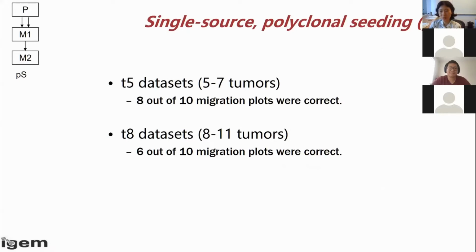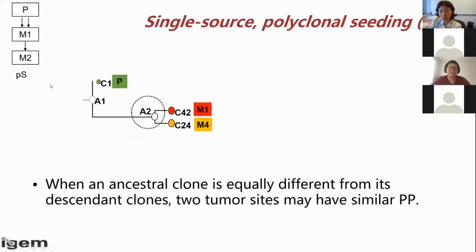Similarly, Pathfinder performed very well for the dataset with this seeding type. Again, we examine datasets when Pathfinder didn't produce the perfect solution. Here is another example. In this case, ancestor clone A2 is connected to C14, C42 and C24 clones, which are found in two different tumor sites.